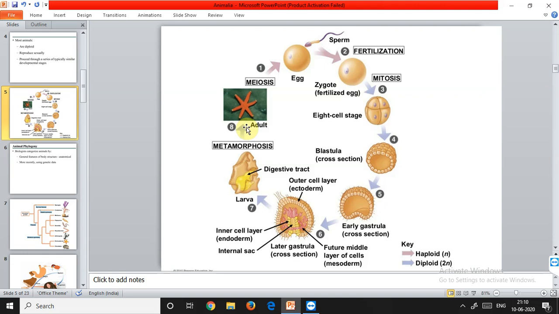But in the retrogressive metamorphosis, which is usually seen in some bacteria, what happens? The higher forms of bacteria get divided and change to simpler forms. So this is retrogressive. Changing from lower forms to higher forms is progressive metamorphosis, and changing from higher forms to lower forms is retrogressive metamorphosis. So the word metamorphosis is used for defining something when we talk about its changes.